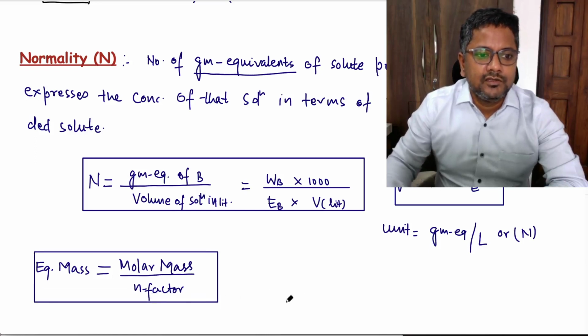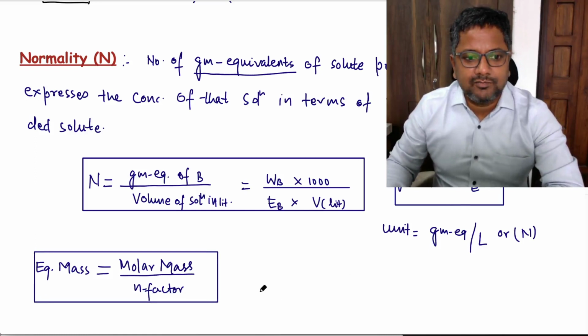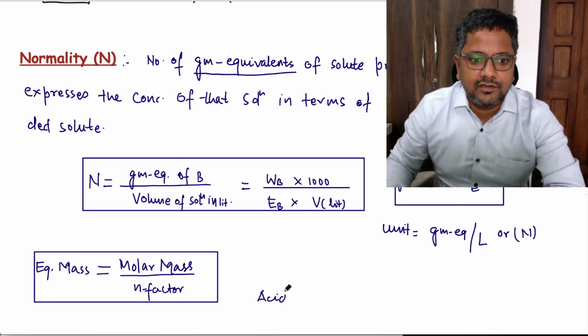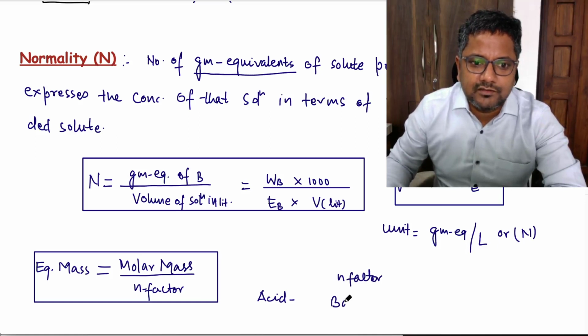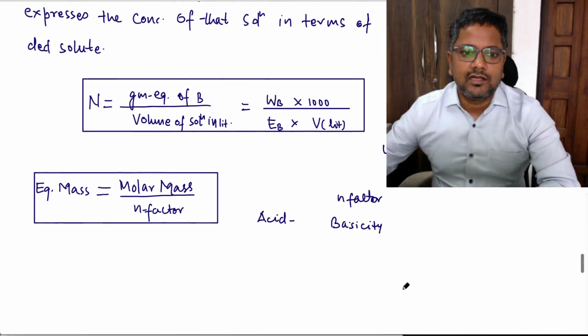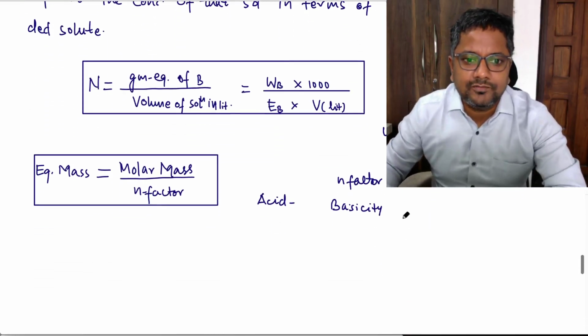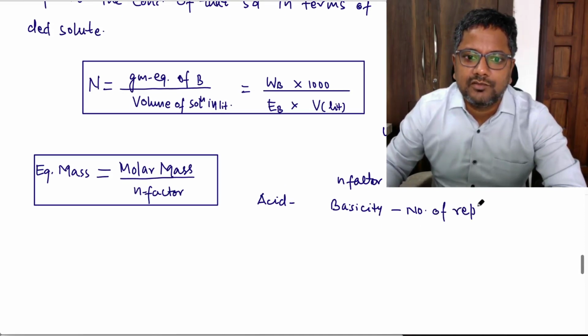Okay. So this N factor, for example, for acid, the N factor is basicity, right? Basicity means the number of replaceable H plus ions.